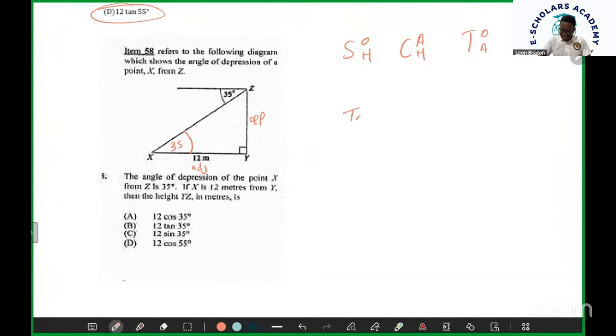Tan 35 is equal to the opposite, which is YZ, over the adjacent, which is 12. So we carry over this 12, it will multiply the tan 35. So this is 12 tan 35 is equal to YZ, which is B.